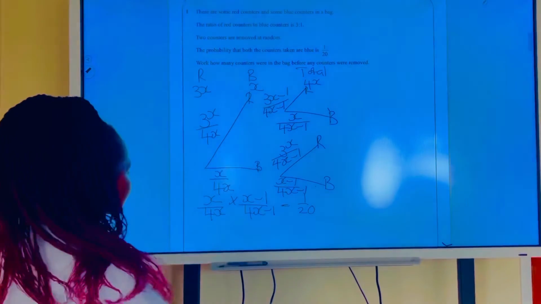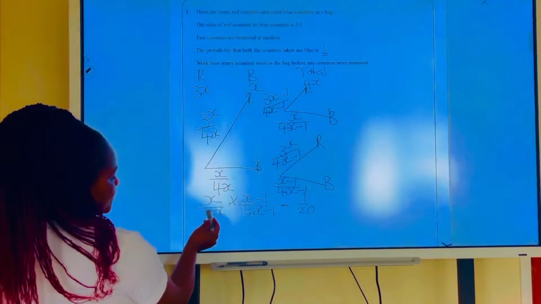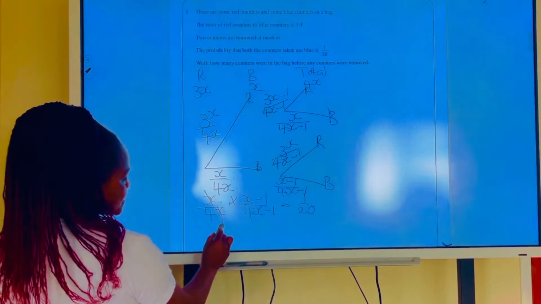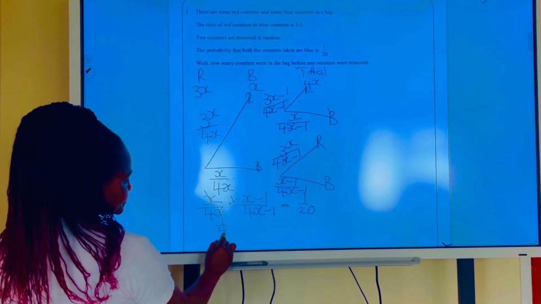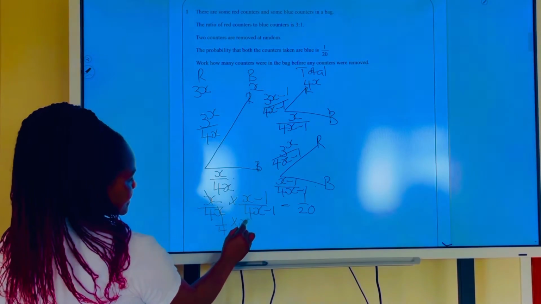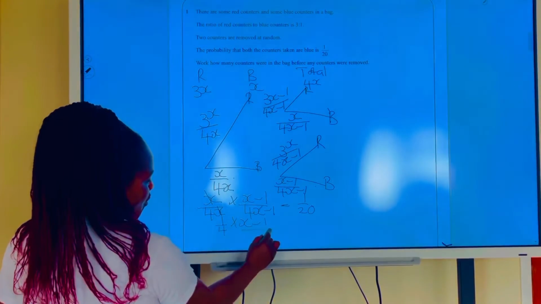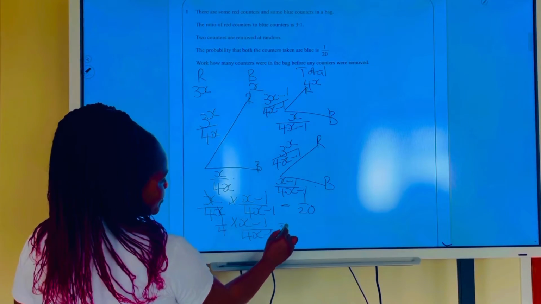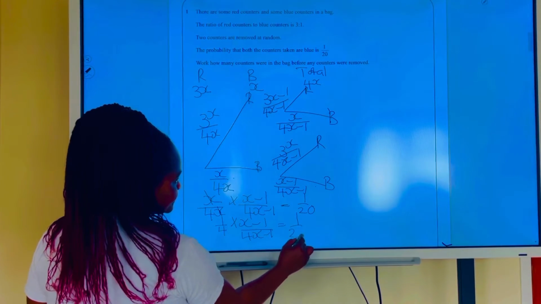I can simplify this first, because I have got an x and an x, so this can cancel, and then I'll be left with 1/4. So 1/4 times x minus 1 all over 4x minus 1 will be the same as 1/20.